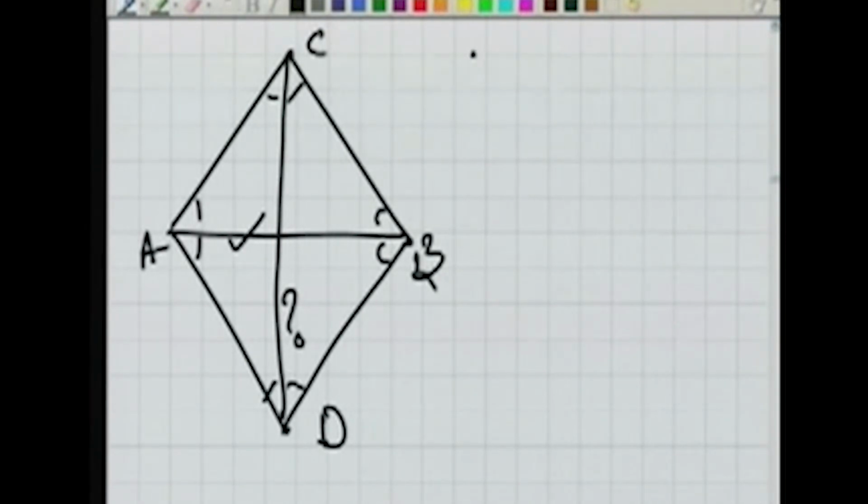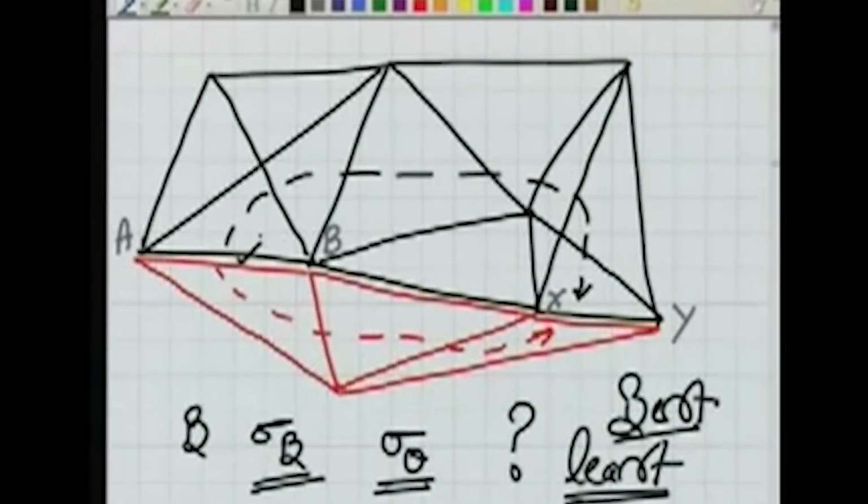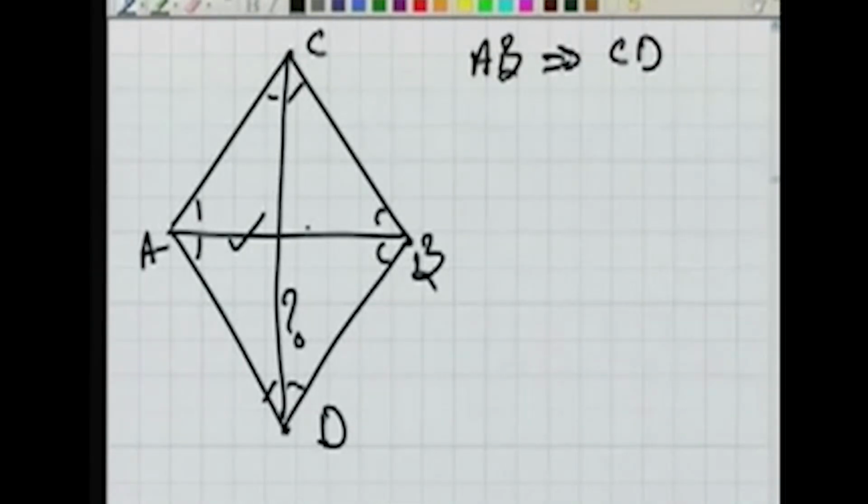Starting from AB, you want to compute CD. Now it's only one triangulation figure, one network. It's not like the earlier case, where the black one was an entirely different network from the red one. But here, within that one figure, I can start from AB and reach CD by computation.